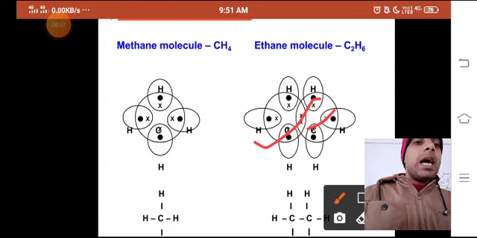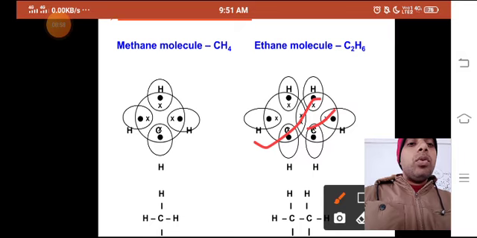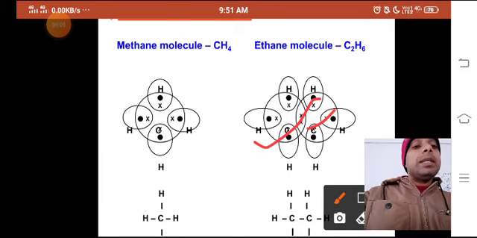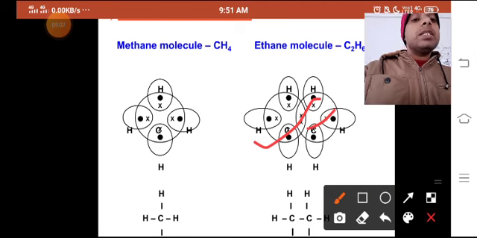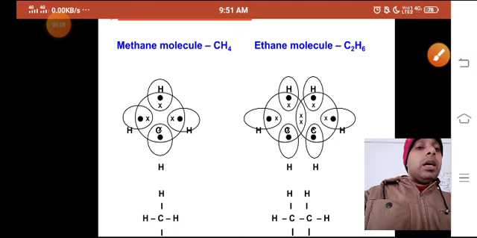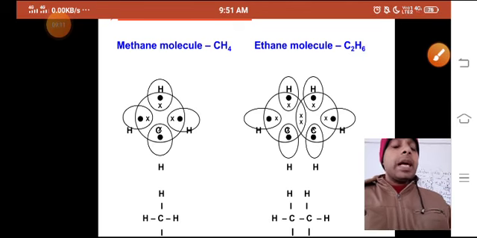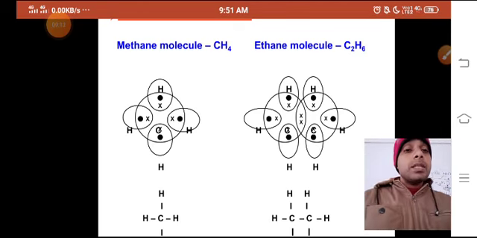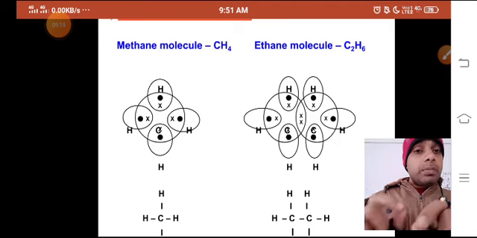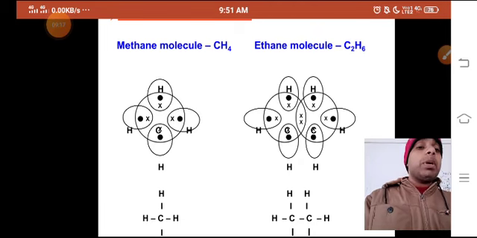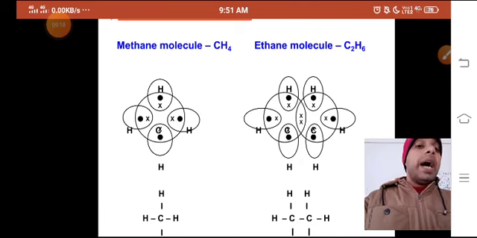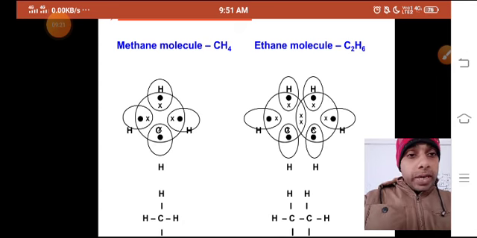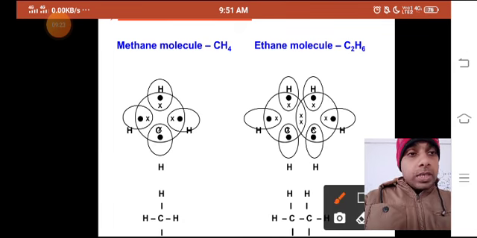In this carbon you can see 1 cross and 1 dot. That cross is indicating some electrons are for the carbon and some electrons are for the hydrogen. But on the whole you can see there is sharing of electrons.